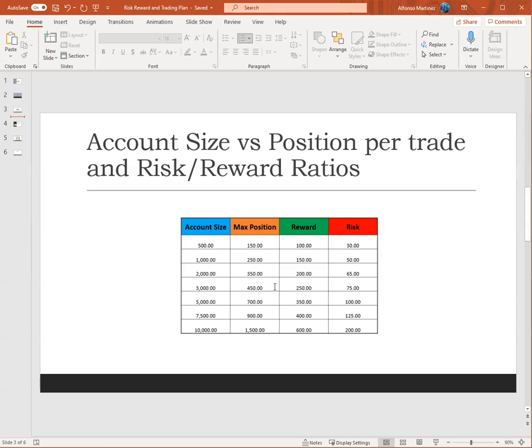But the important thing is that we're going to look for a $250 reward. So even though we place a $450 play, that doesn't mean that we're going to look for 100% of that 450, because we're not willing to risk all that amount. What we are willing to risk with $450 is $75.